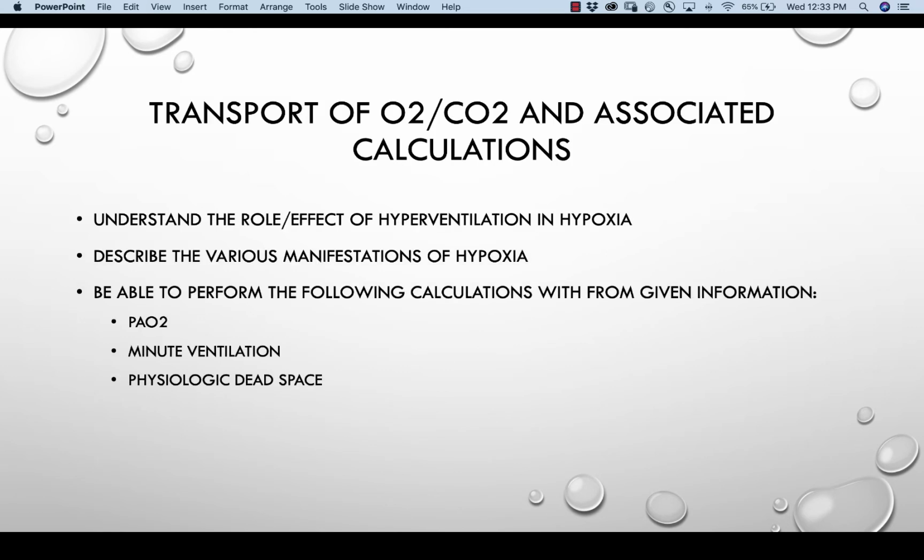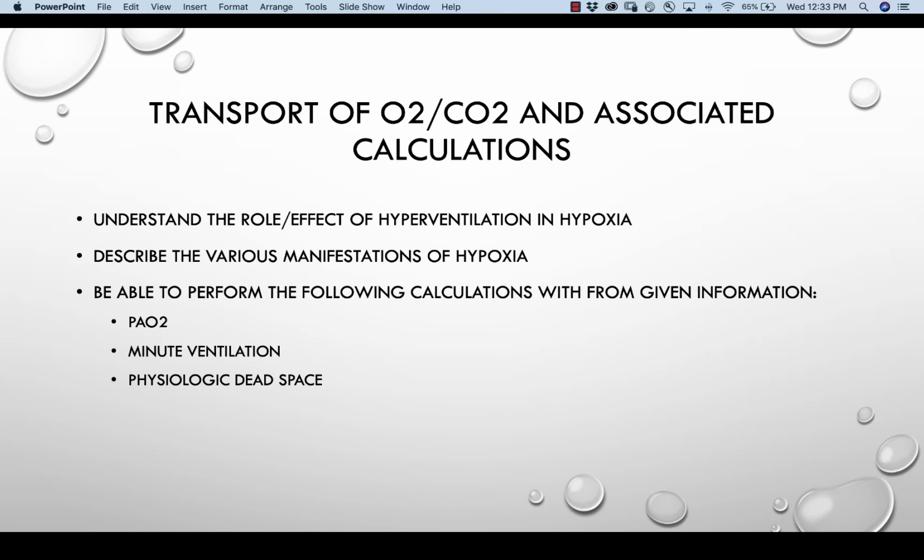We talked at length about the transport of O2 and CO2. We've done this in your last semester, and we touched on it again this semester. So I'm not going to spend too much time reviewing this information. But we talked at length about the role of hyperventilation and how it affects hypoxia and hypoventilation.